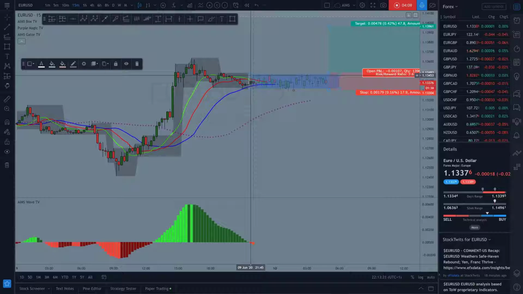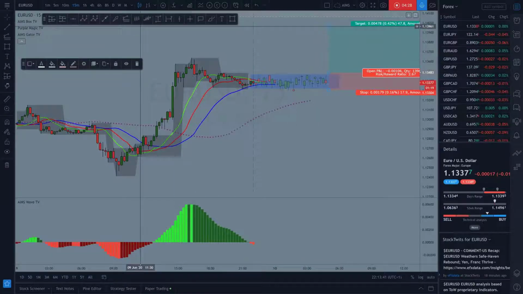Now, 12 hours in advance, or at this time about 9 hours in advance, you could actually have an idea that tomorrow we might be trading a buy setup on the Euro USD. And that is why we call it the famous setup.